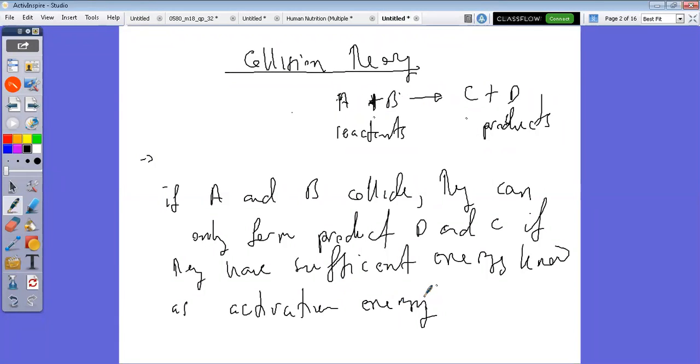But if they don't have the sufficient energy, they simply bounce back, and we call those unsuccessful collisions. In reality, in any experiment, we have more unsuccessful collisions than successful collisions.